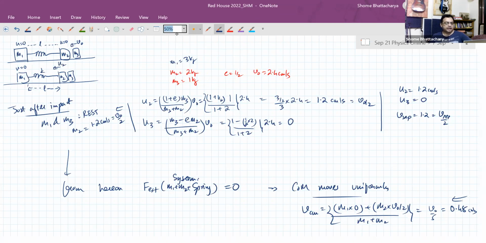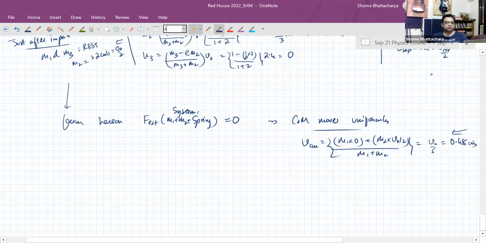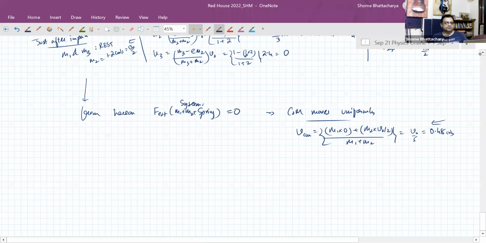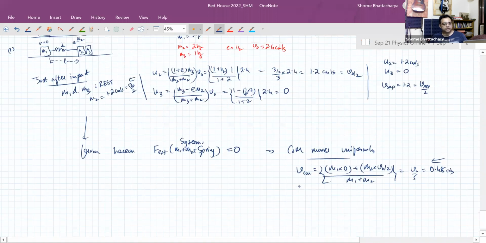While the center of mass is moving uniformly, the two blocks should be performing SHM with respect to the center of mass. So let's try to solve the SHM of the two blocks in the center of mass frame.